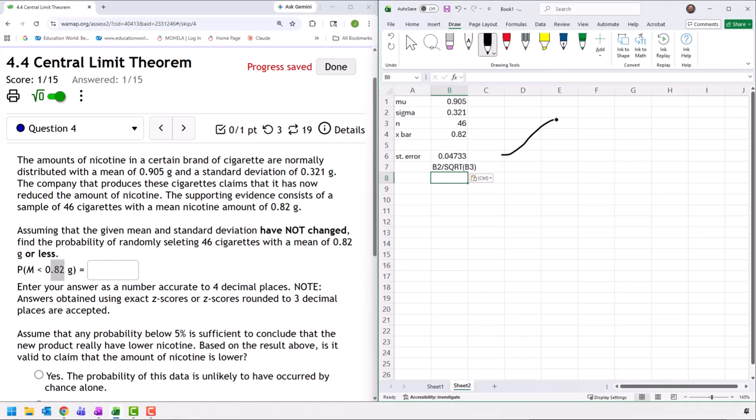So draw on our distribution here. Try to draw the normal distribution first and then put in our stuff. Our mean should be 0.905, and then 0.82 is going to be over here. If we go by 0.047, it might be about 2 of those.